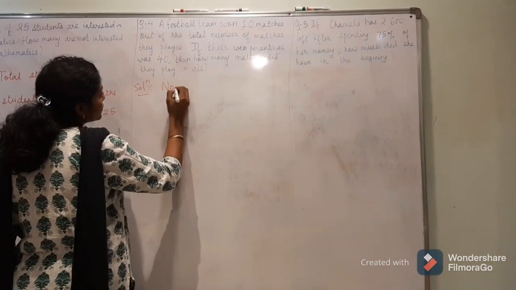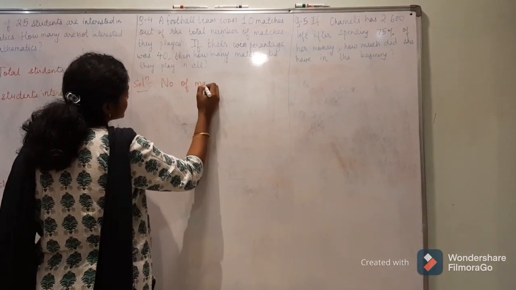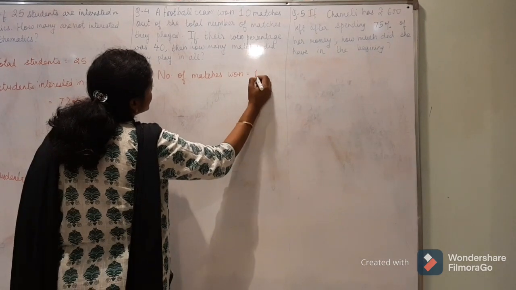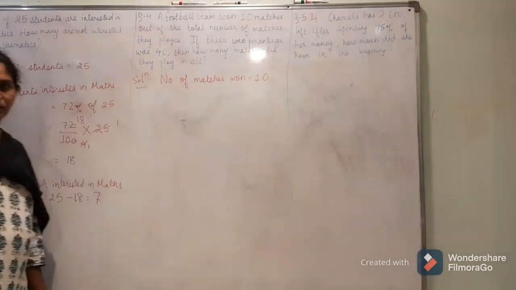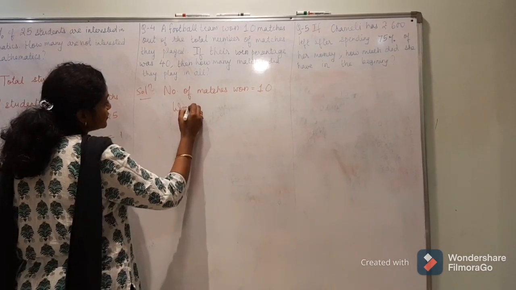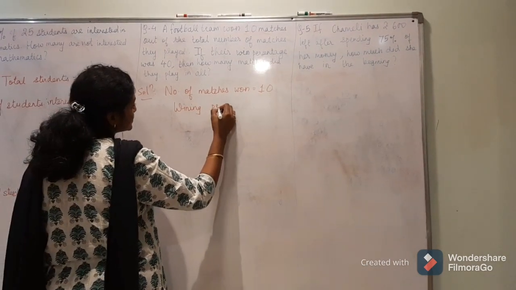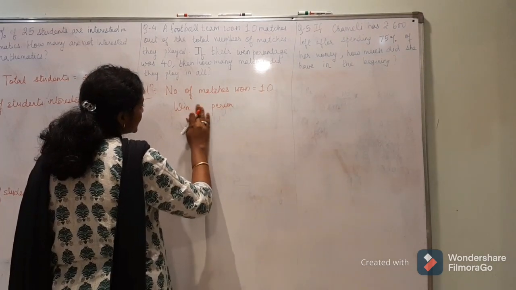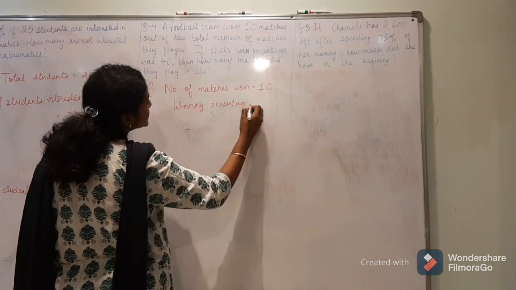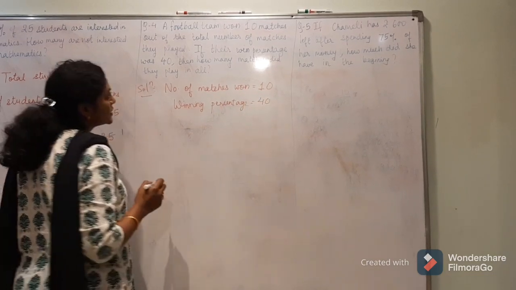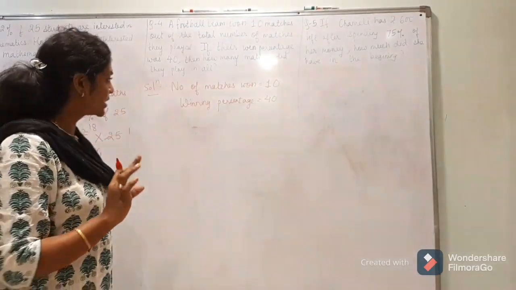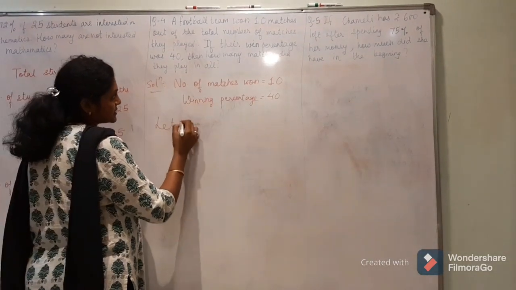Number of matches won is equal to 10. Then you also know the winning percentage, that is 40. But the total matches they have played, that you don't know.